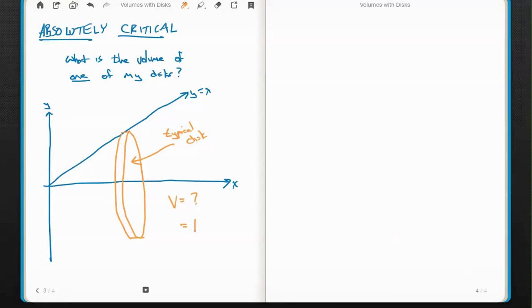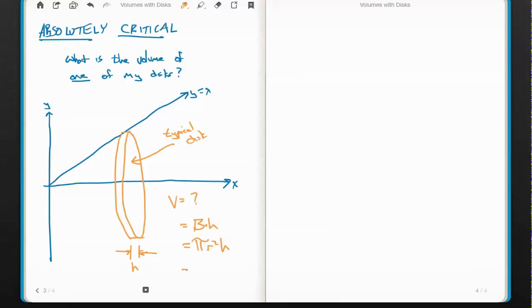So it's the area of the base times the height, right? Well, here's my height. That's the easy one. That's height. The area of the base is pi r squared, and then I still have the height.